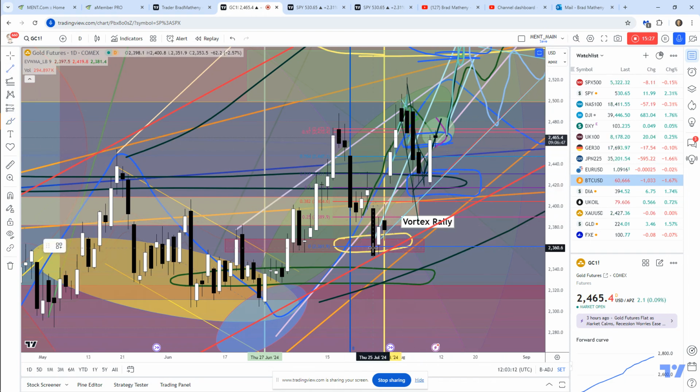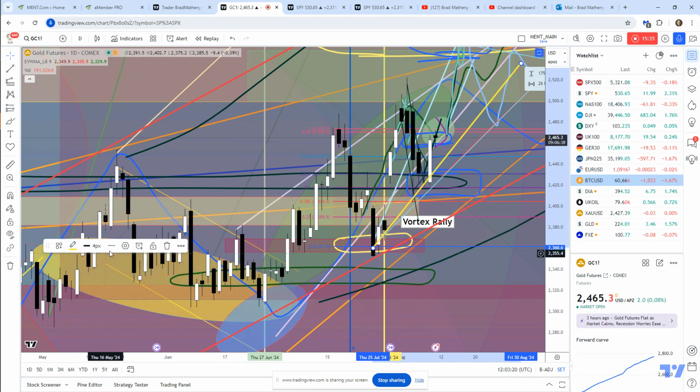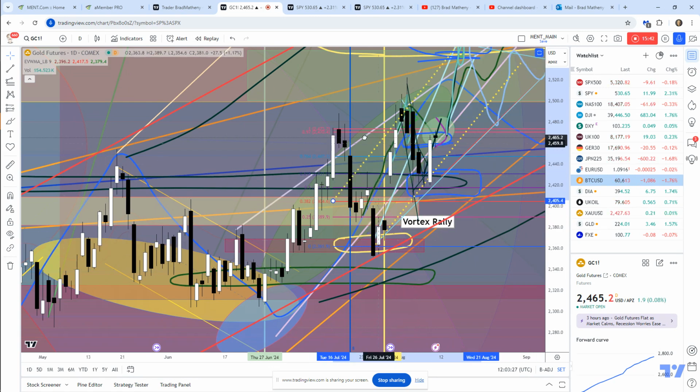It's starting to become very clear that we have this broad channeling setting up in this area, and we can just as easily come right back over here, pick these upper channels here. Let's see.